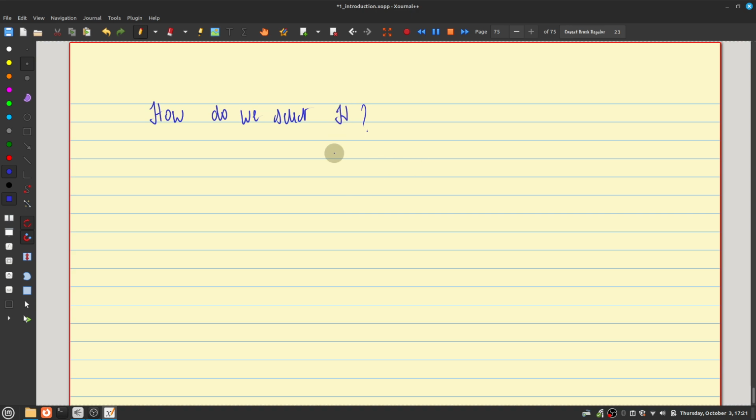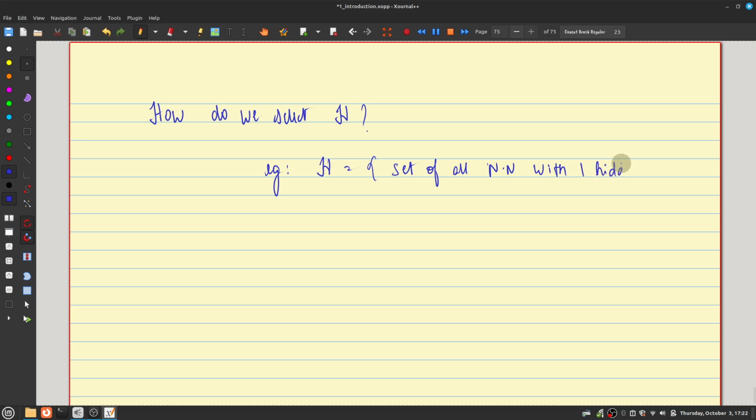For example, H is the set of all, let's say, neural networks with one hidden layer, and the hidden layer has k neurons.